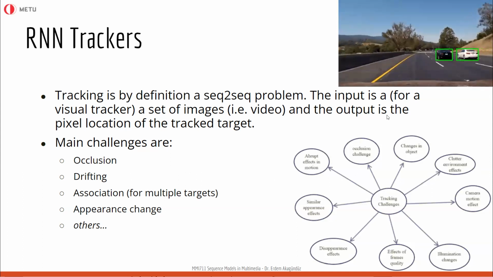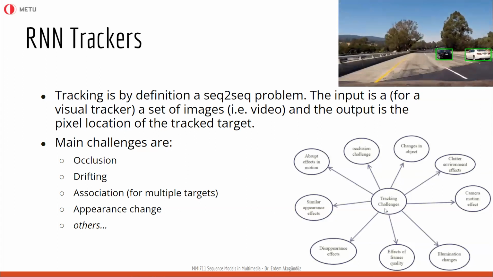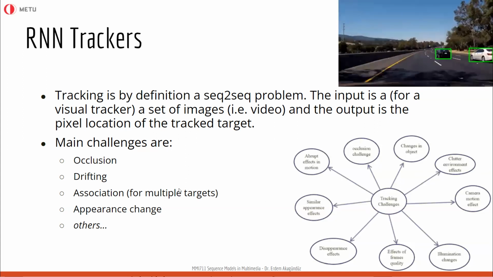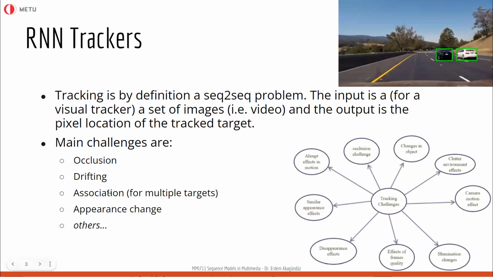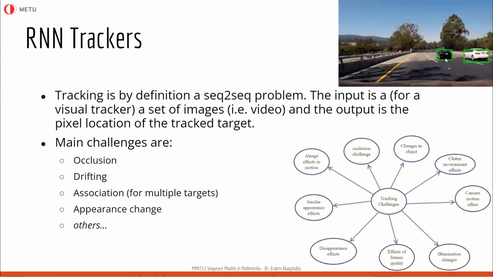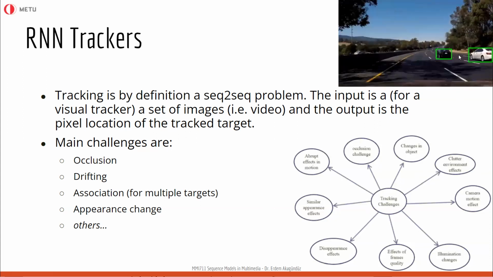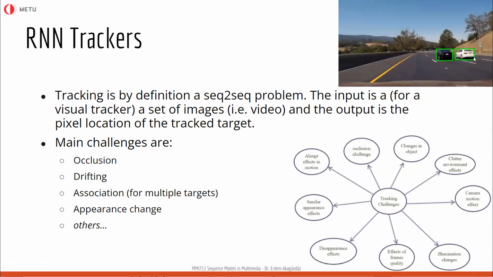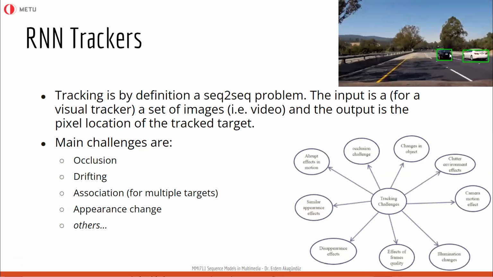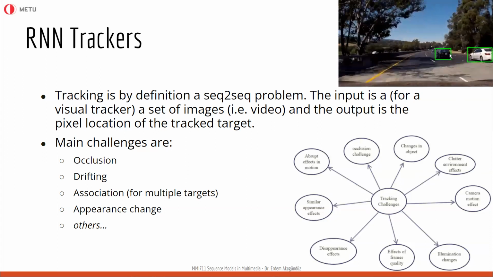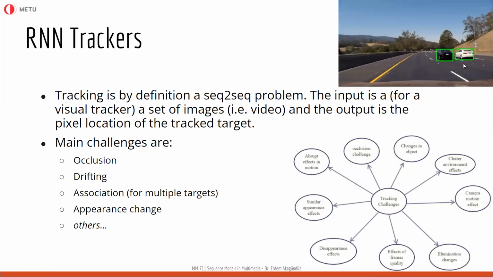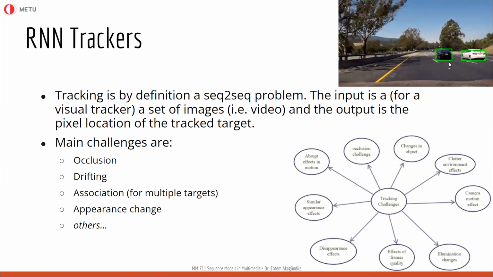All the problems can be categorized under these titles. And the association, I didn't talk about it. For example, I'm tracking two cars. If both of them were black cars, that would be difficult to track because I have to re-identify each car at each frame: which one was the first car, which one was the second car.